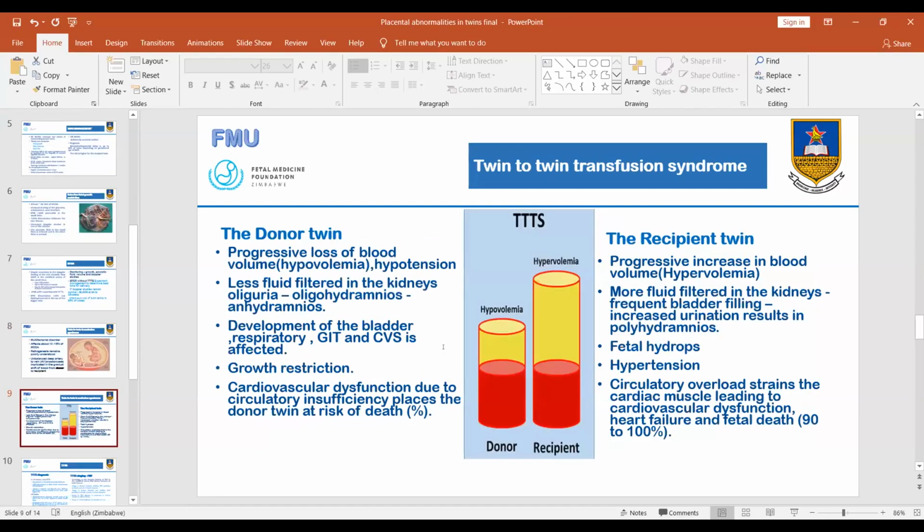In this case, the problem is to do with volume. We have a central connection that is of probably normal blood vessels, and there's significant and progressive loss of blood volume from the donor twin to the recipient twin.